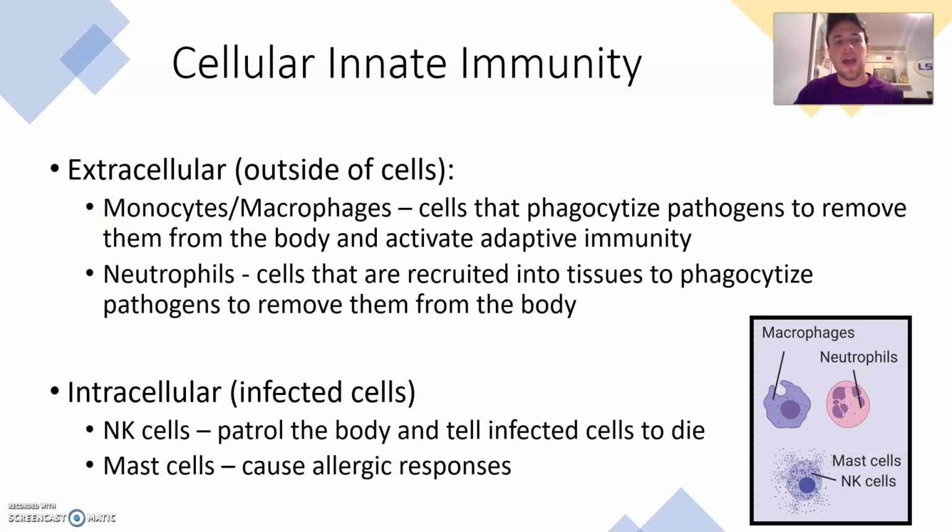The first cell we're going to talk about, though, are macrophages. What these do is they phagocytize pathogens to remove them from the body. Phagocytize is a fancy word for just a cell eating something, right? You can kind of see it maybe a little bit here.